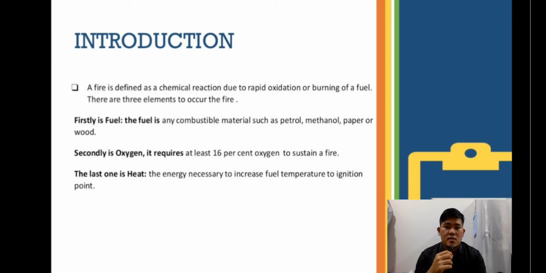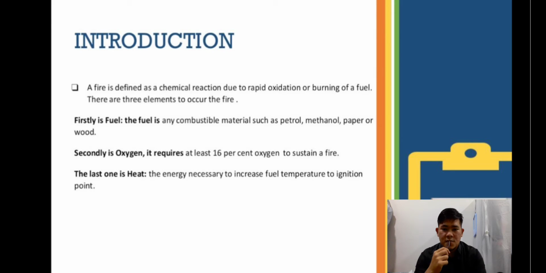The first one is fire. Fire is defined as a chemical reaction due to the rapid oxidation burning of a fuel. There are three elements required to create a fire. Firstly, the fuel. The fuel is any combustible material such as petrol, methanol, paper, or wood.